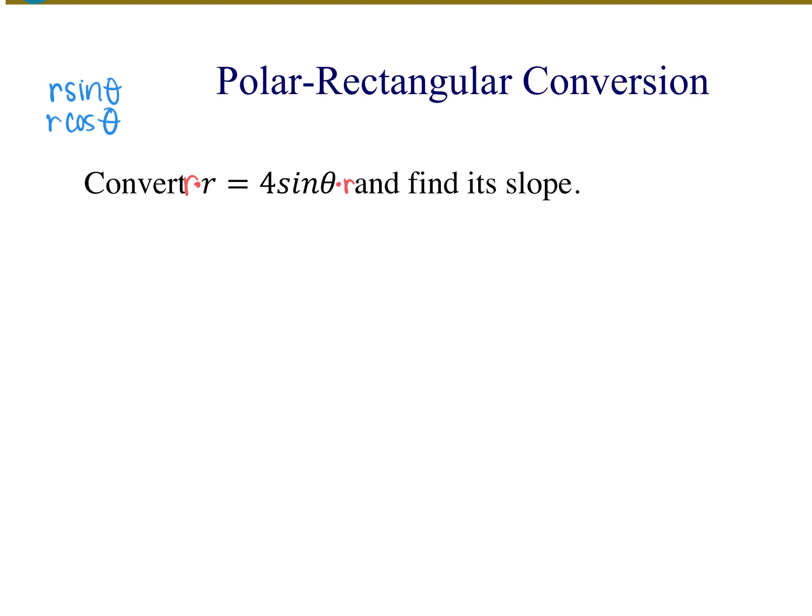So now I'll have r squared equals 4r sine theta. If you go back a couple slides, well, let's do this one first. So now we've created r sine theta, which can be replaced with y. What can I replace r squared with?